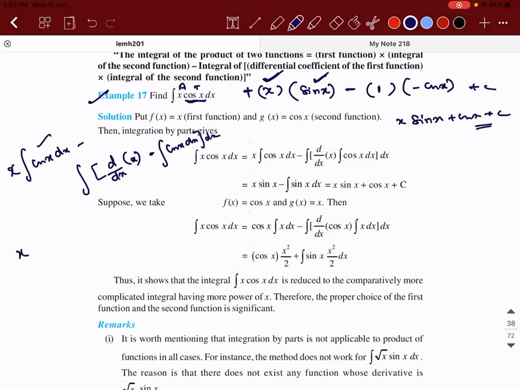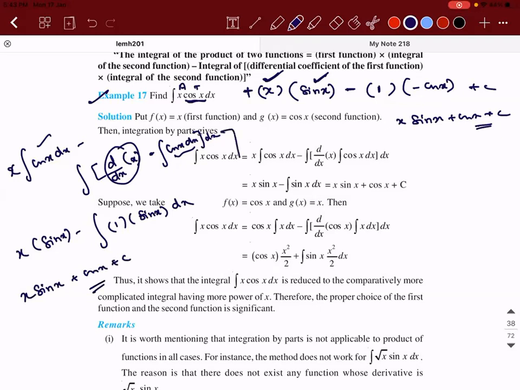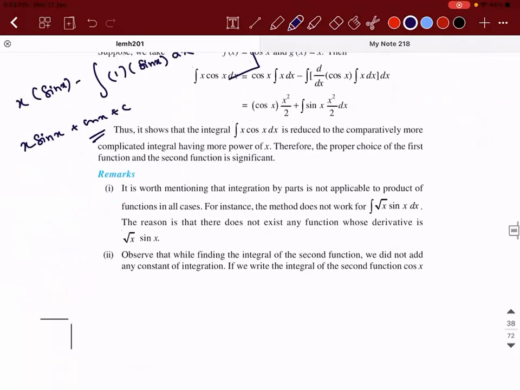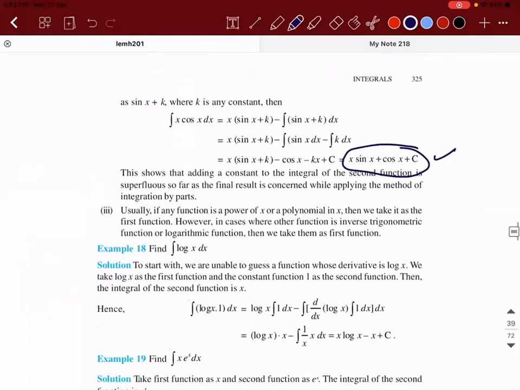So x into integral of cos x is sin x minus integral of derivative of this is 1 into sin x dx. So x sin x plus cos x plus c. It's the same thing. Instead of doing it in 3 steps, I did it in 1 step. It's just like a shortcut. Okay. I hope you have a clarity of when to use and when not to use.